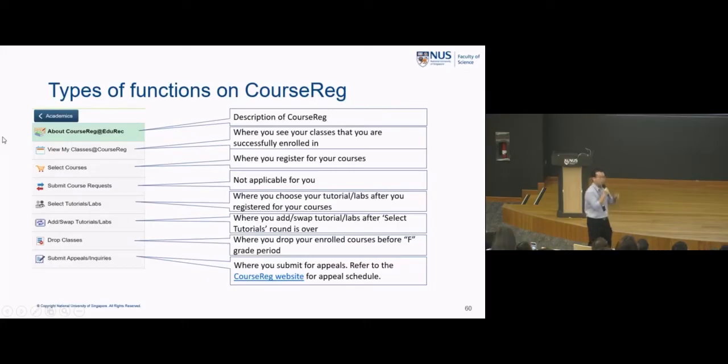At the end of every round, once the allocation is completed, you can click on here to view my classes. Means you'll be able to see what courses you have been successfully allocated before the next round starts. Okay, so these two are most important.